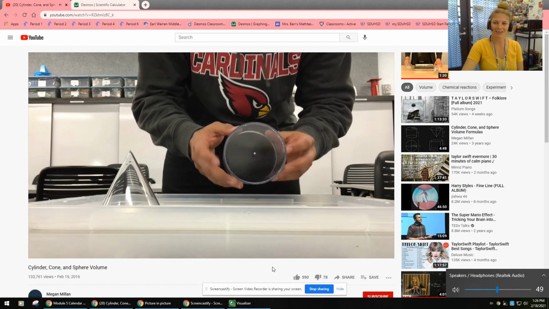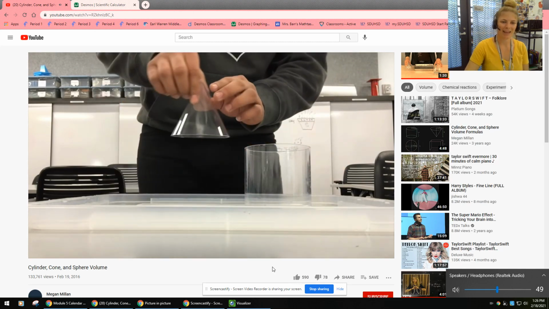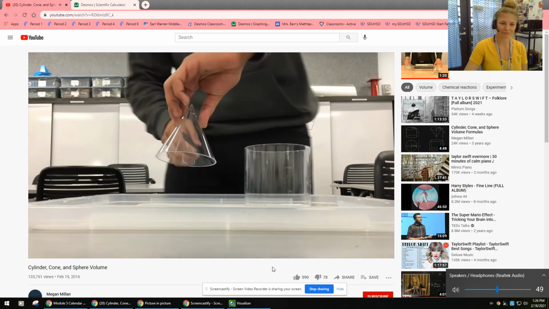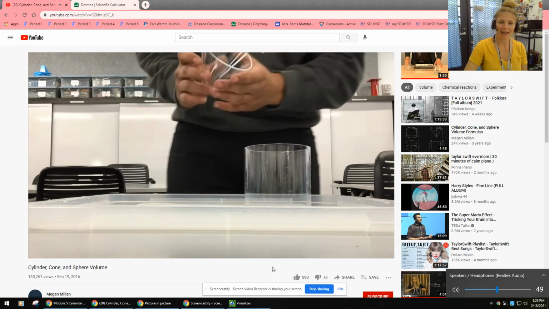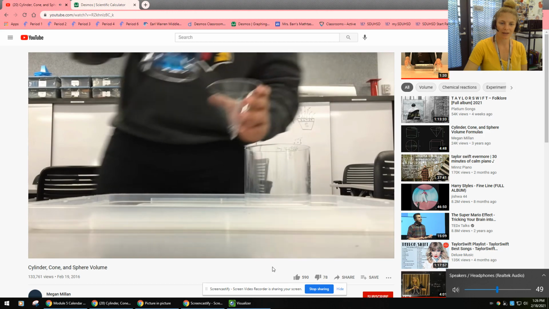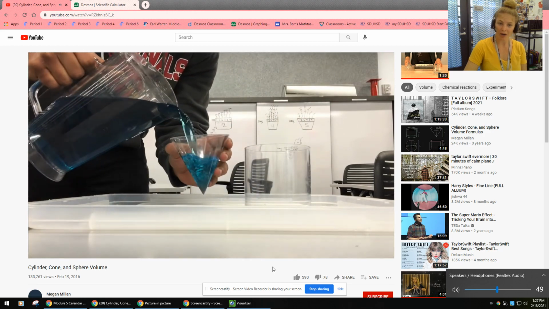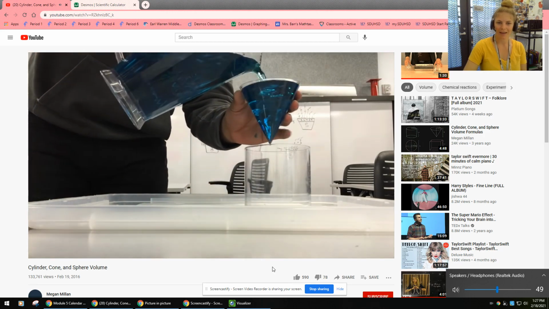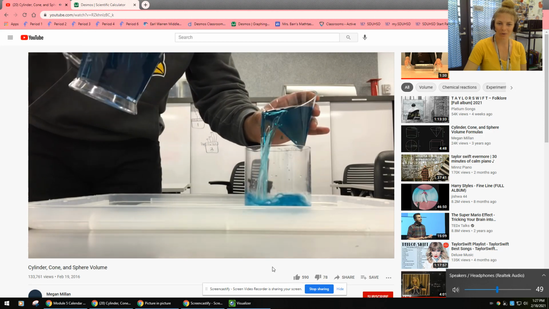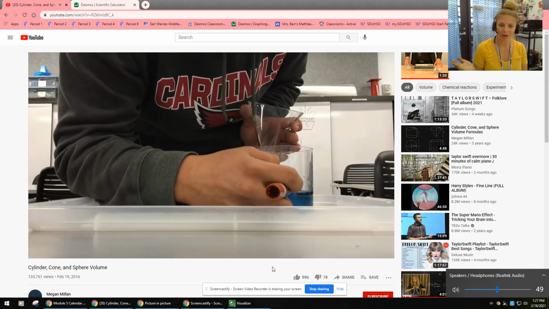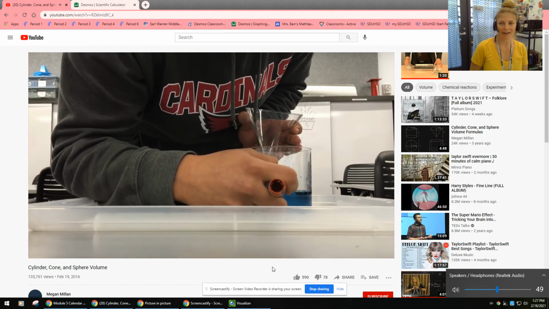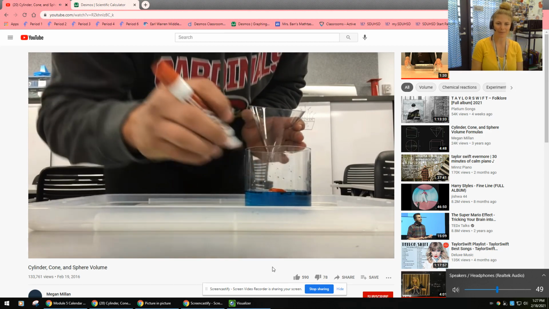Here's our cylinder, and here's our cone. So these two shapes have the same height and they have congruent bases. So we're going to take this nice blue water so we can see it. And when we fill up one cone and put it in the cylinder, how much of the cylinder was filled with just one cone? Well, we'll mark it with an expo marker just so we can see.